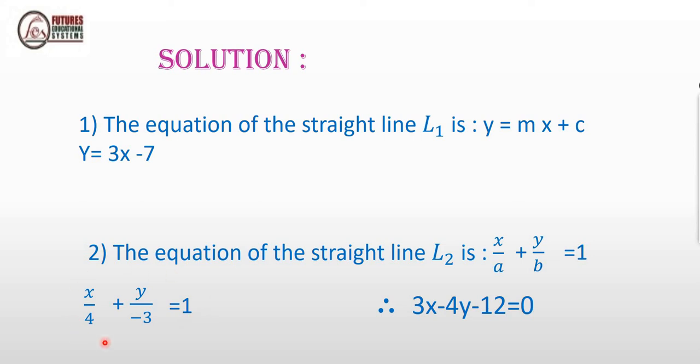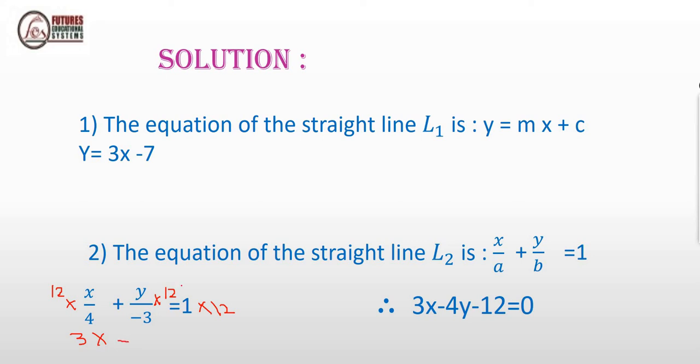To put this equation in the simplest form, we can multiply each term by 12: the first term by 12, the second term by 12, and the absolute term by 12. The first term, when cancelling, we get 3x.